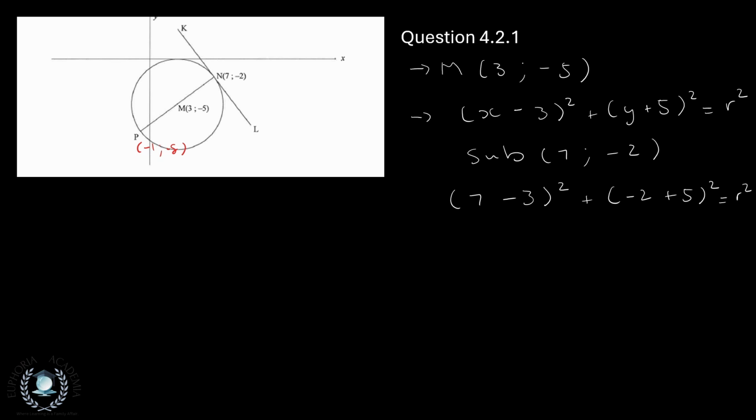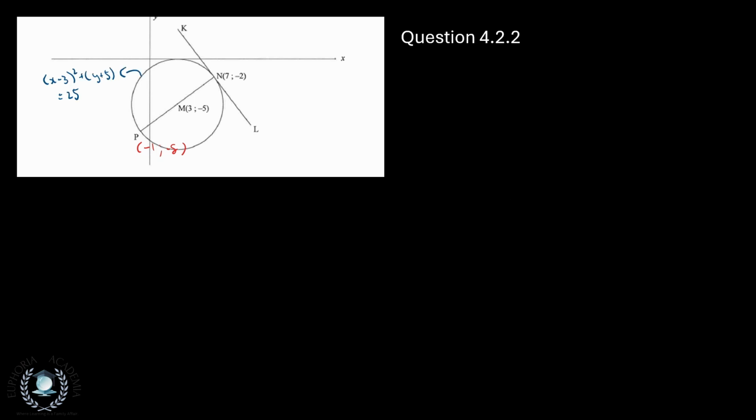Now, when you put that into your calculator, you will find that it is equal to 25. So 25 is equal to r squared. And if you're curious to find the radius, it is just the square root of 25, which is 5. So therefore, the equation of this circle is x minus 3 squared plus y plus 5, all of that squared, is equal to 25.